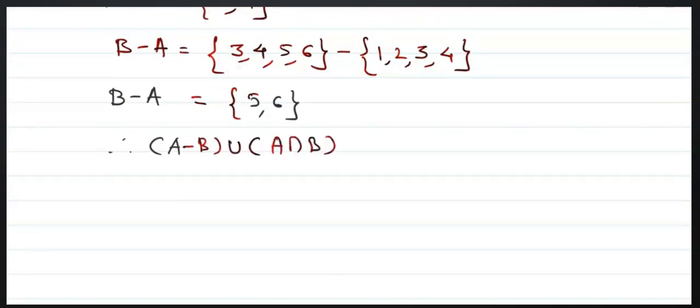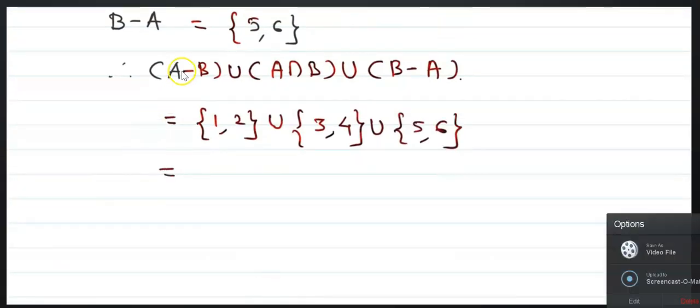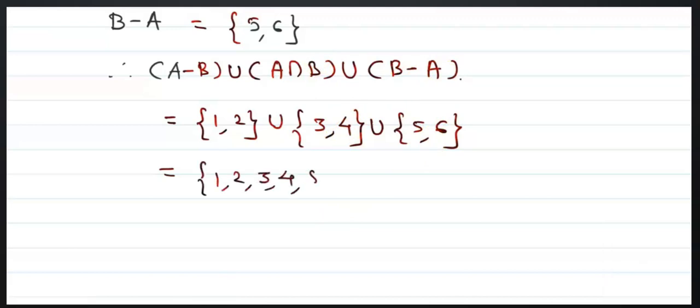A minus B union A intersection B union B minus A is equal to, now we substitute all the values from above. A minus B is {1, 2}, A intersection B is {3, 4}, and B minus A is {5, 6}. And that's why you will get {1, 2, 3, 4, 5, 6}.